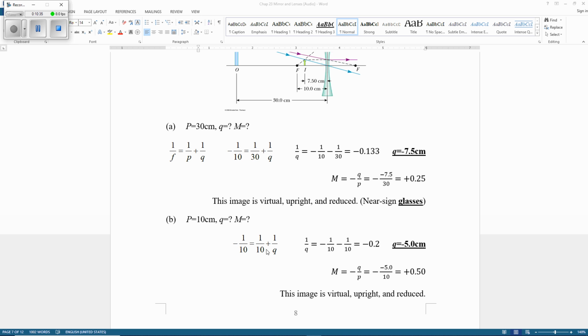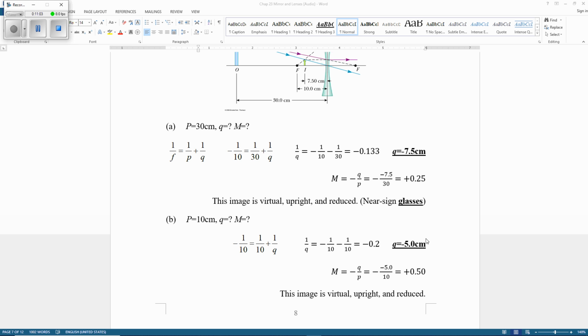Now if we solve it, 1 over q equals negative 1 over 10 minus 1 over 10. That's like 0.1 plus 0.1, but both negative. It gives you negative 0.2. So that's 1 over q. So then 1 over negative 0.2 gives you negative 5 centimeters.